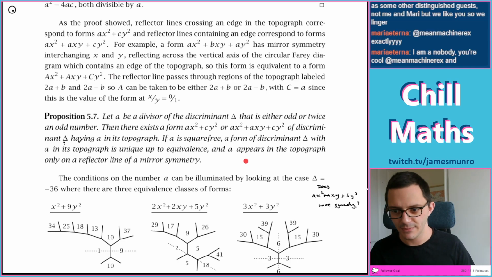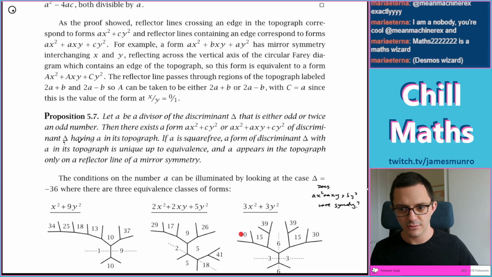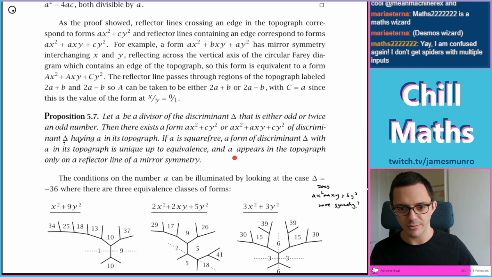Forwards and backwards. If A is square free, a form of discriminant up to the A in its topograph is unique up to equivalence. So if A is square free, like square free factors of 36 include numbers like 2, 3, 6. A appears in the topograph only on a reflect line of mirror symmetry.